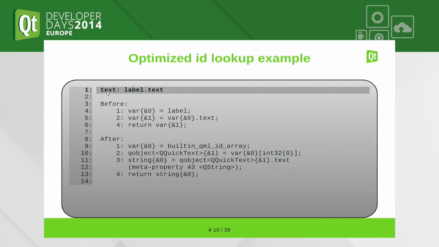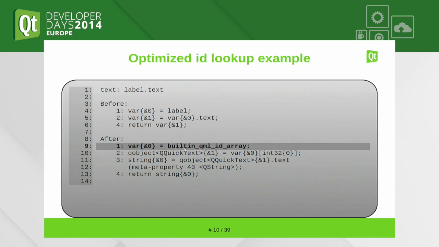And what we do nowadays instead is that we already know at compile time when we load the QML file, hang on, somebody's trying to use label. And I've seen that there is an object further down that has the identifier label. Let's do something a bit quicker. So instead, we already know that we're trying to resolve an object with a given identifier, and we can look it up. So in the current code that we generate, we have an array that has all of those objects inside, or references to the objects inside that we've given an identifier.